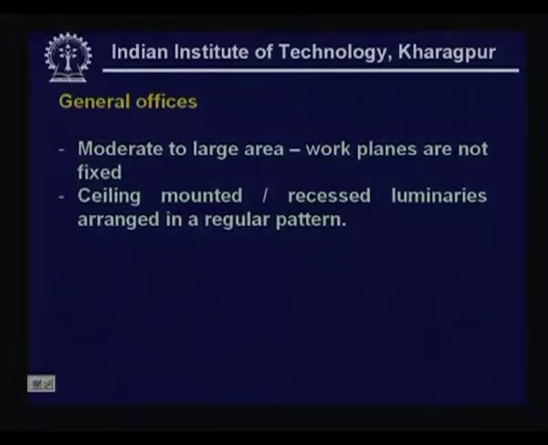It is a matrix of lamps, and invariably each luminaire has more than one fluorescent lamp. In early days it used to be twin lamps, and these days we do have 3 fluorescent lamps placed together.